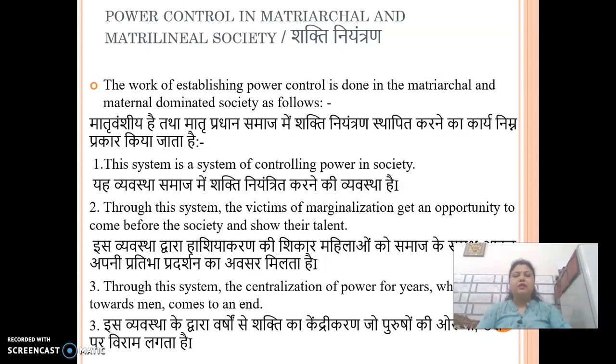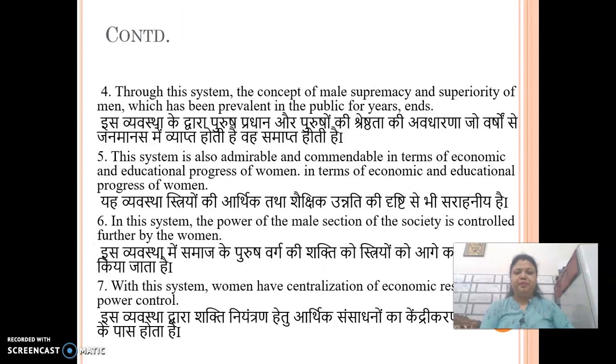It means that in this system, power is also in the control of women. Through this system, the concept of male supremacy and superiority of man, which has been prevalent in the public for years, ends. This system is also admirable and commendable in terms of the economic and educational progress of women, which is really essential for the development of our society, and not only society but also our nation.